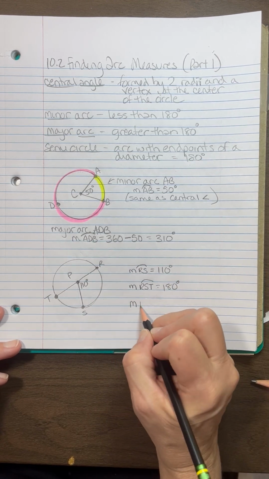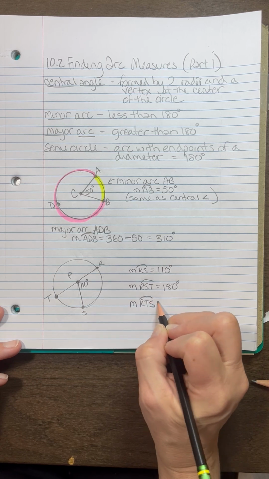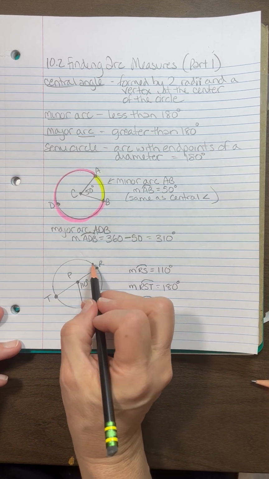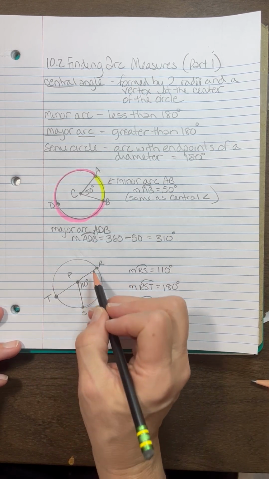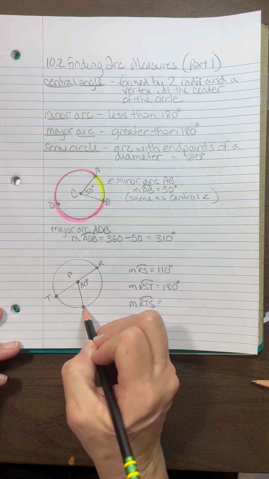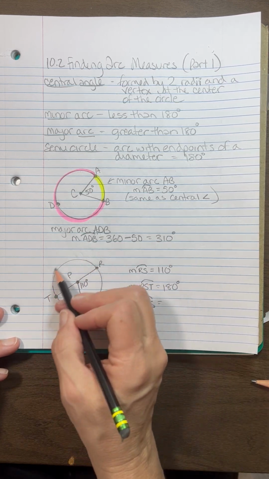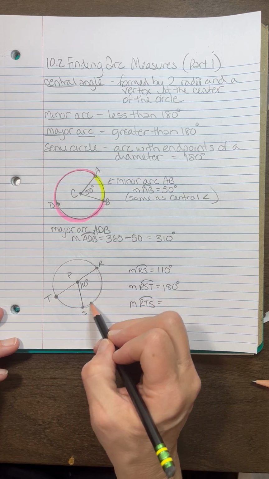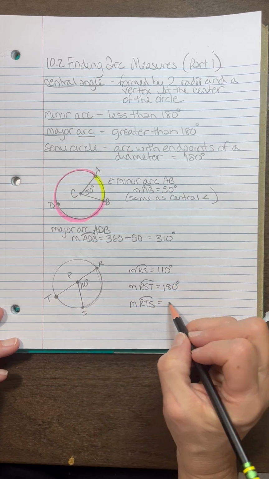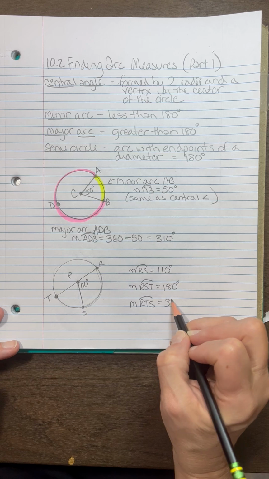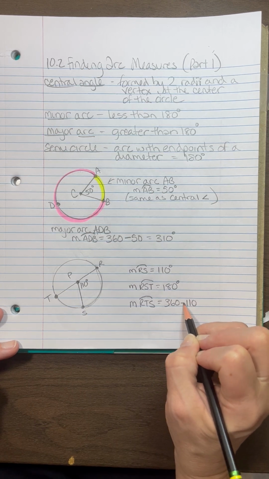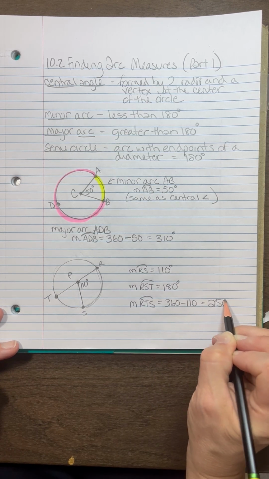The measure of arc RTS, so it goes from here all the way around to S. That's going to be the whole circle then, 360 minus this part we already knew right here was 110. So 360 minus 110, 250 degrees.